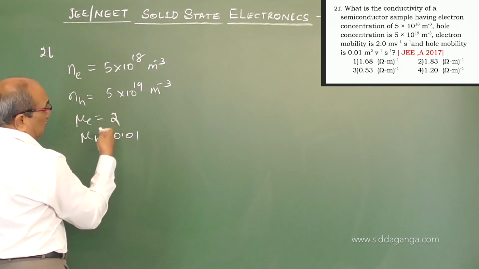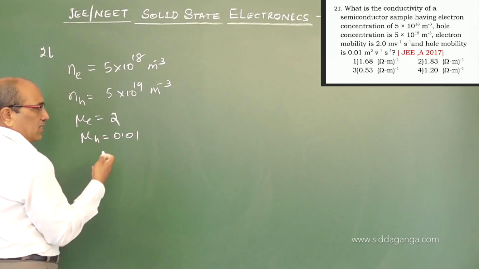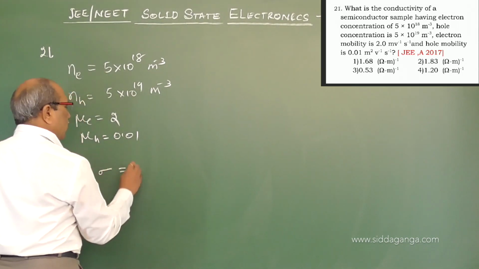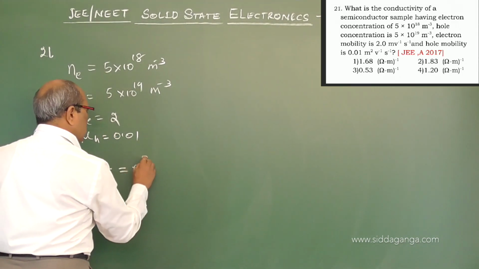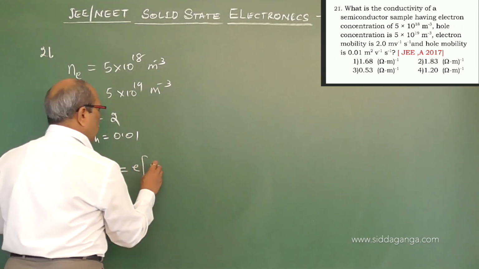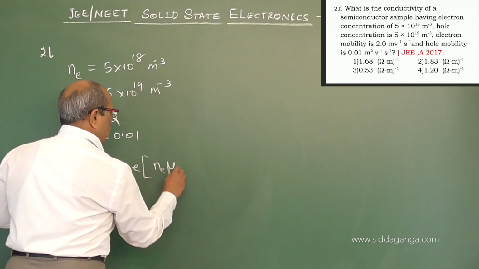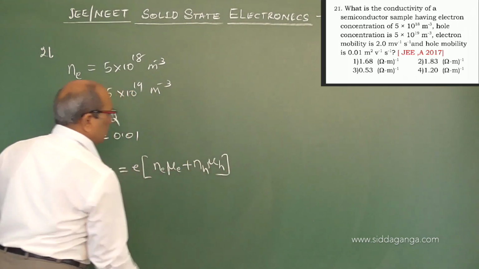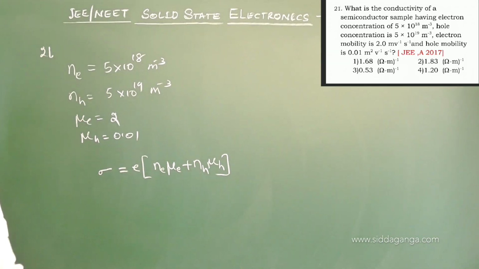In discussing the p-type and n-type semiconductors, I gave you that the conducting ability is due to the charge carriers, whether electron or hole. Ne into mu E plus Nh into mu H, times e, is the expression for electrical conductivity in the case of a semiconductor.